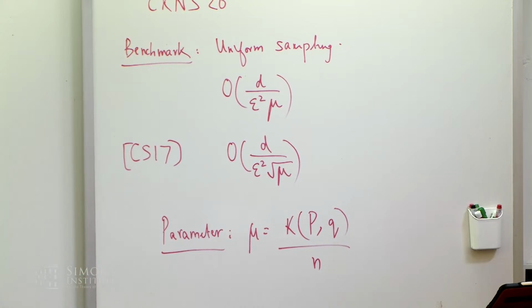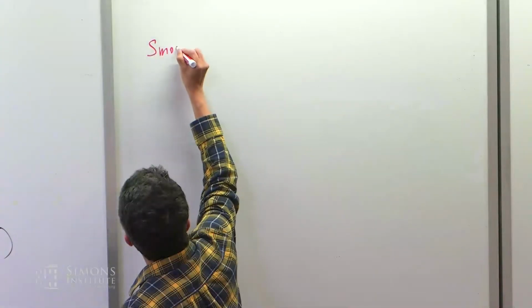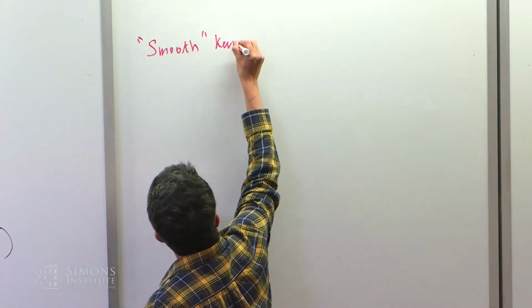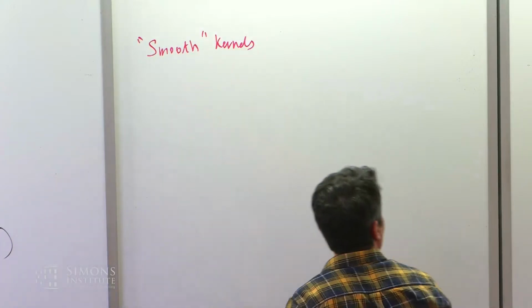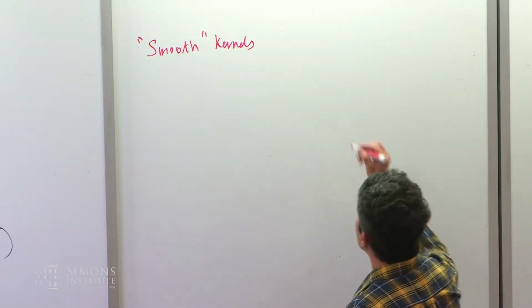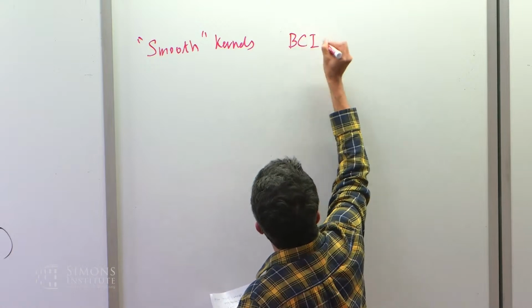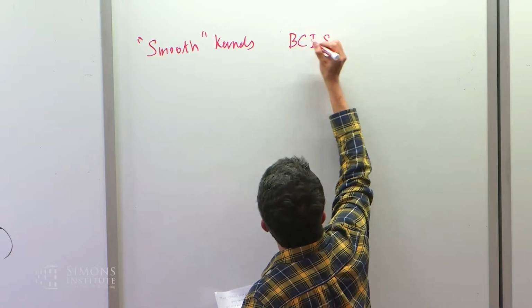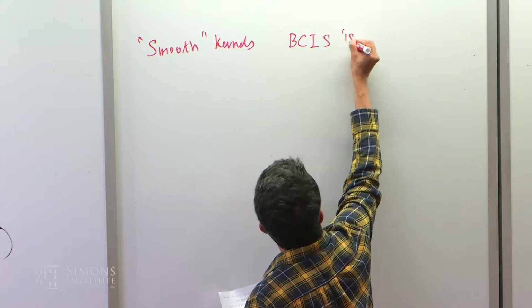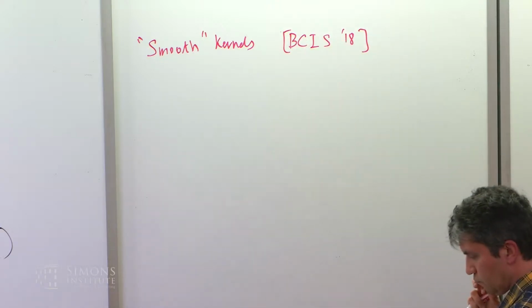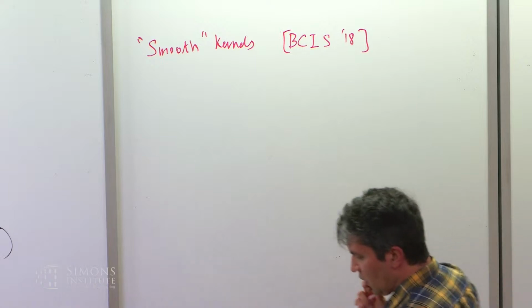There's a particular class of kernels that I'll be talking about, so-called smooth kernels. This class was defined in this paper by Backurs and others.